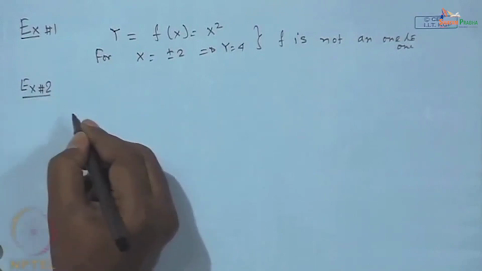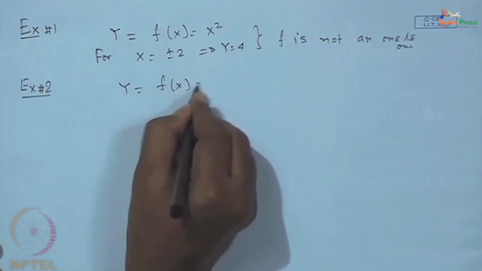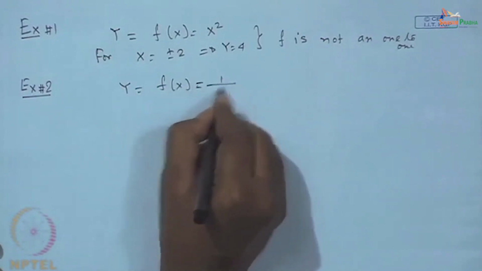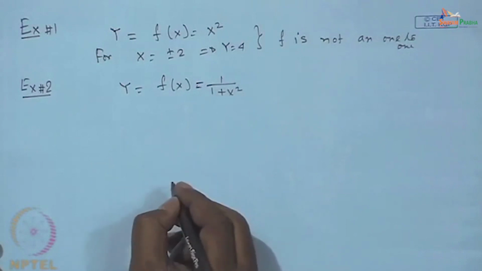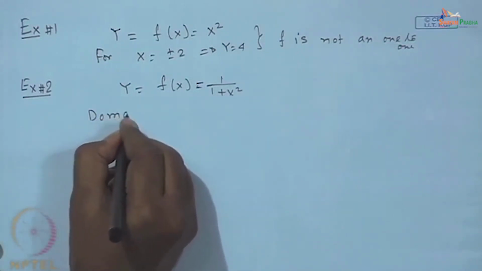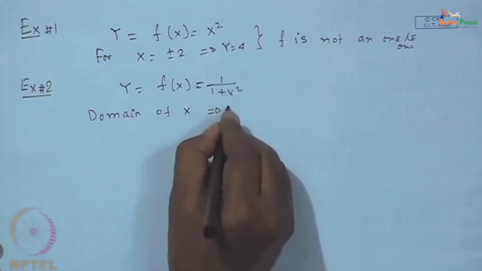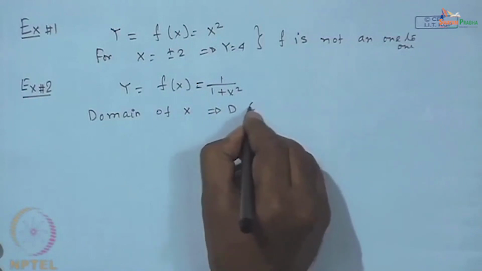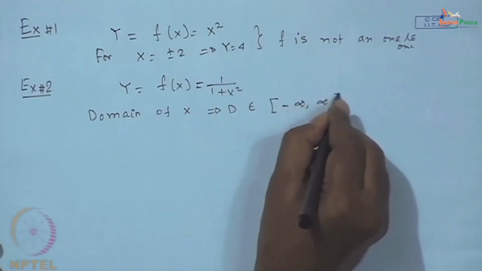Let us look into the second example. y is equal to f(x) is equal to 1 over 1 plus x square. Now, in this case, let us say the domain of x, that is D, is minus infinity to plus infinity.